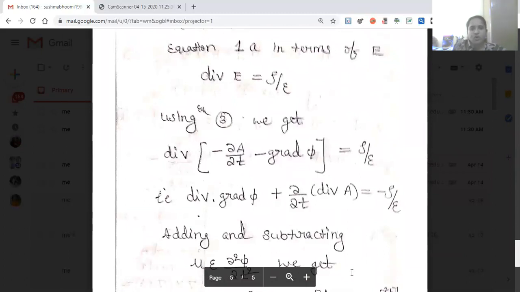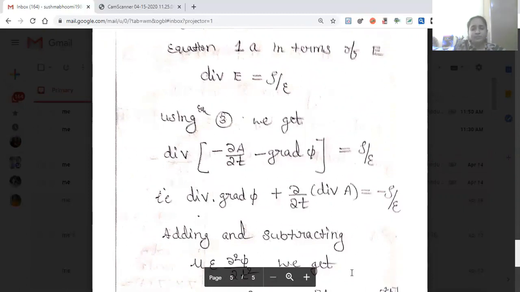So we'll just use equation number 3. In that E, we'll substitute that E value here. What is that? Divergence of E, in place of E, minus del by del T of A minus grad phi, equal to rho by epsilon.